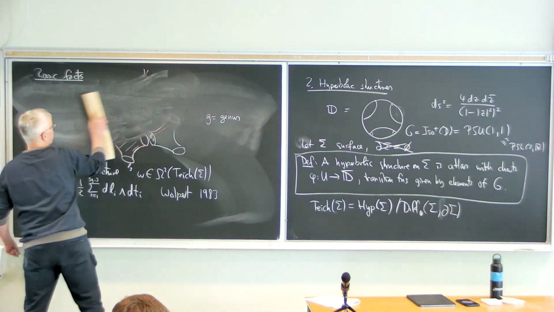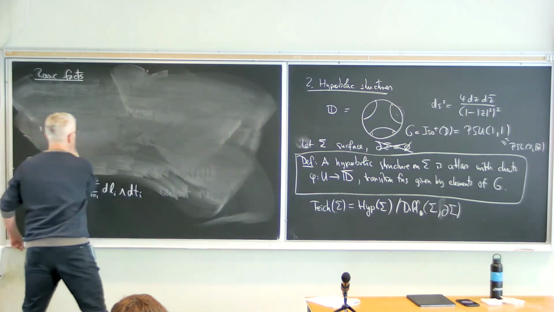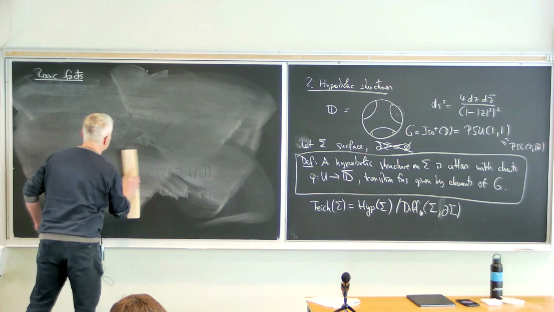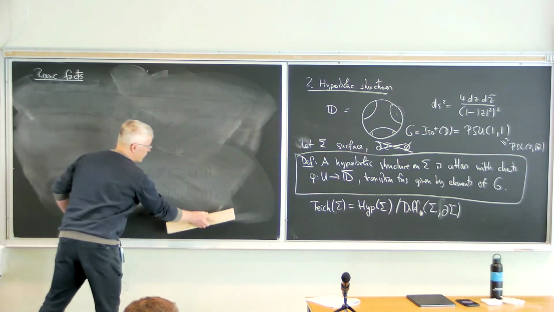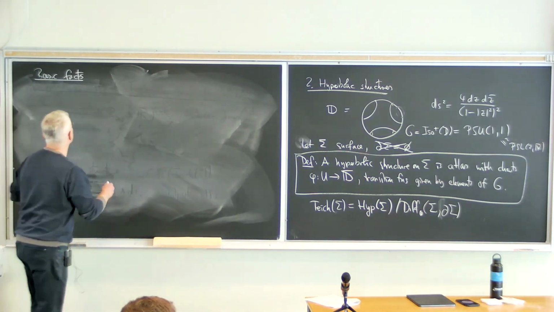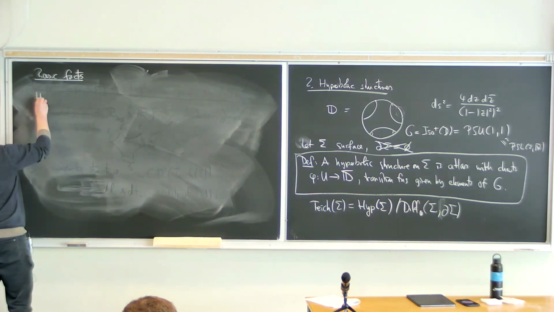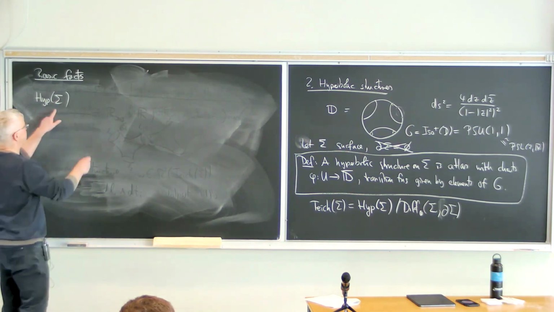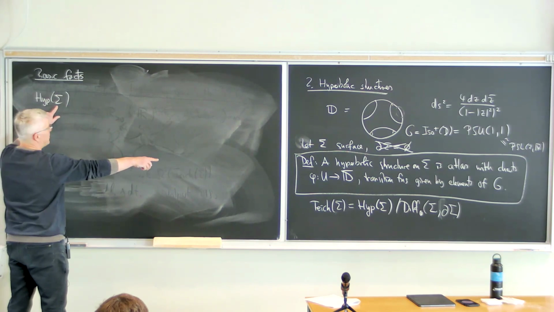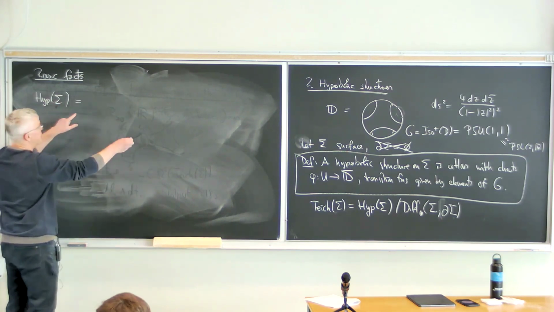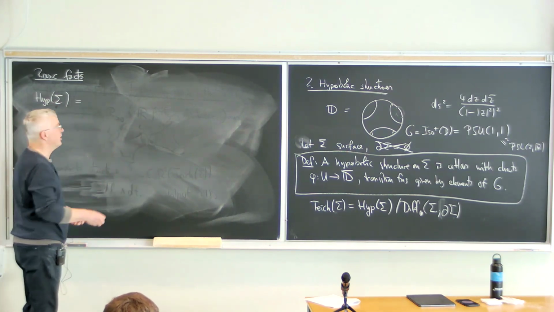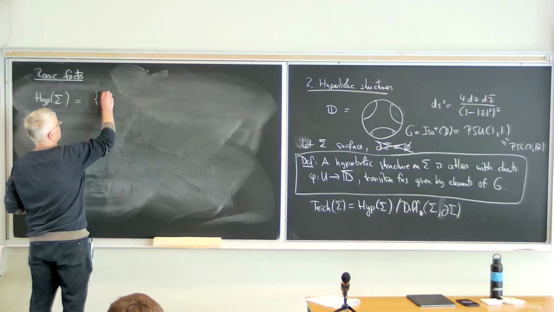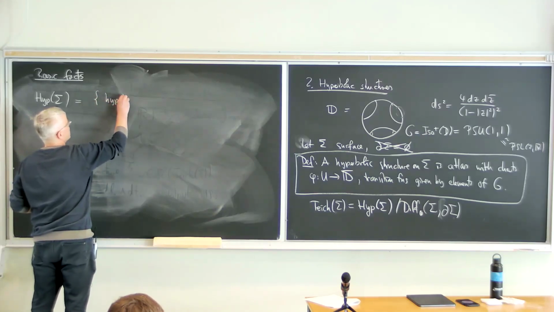I don't want to give such a long list of basic facts now, but a few basic facts. I can again say this in terms of metrics also. So this set of hyperbolic structures in this sense, now for the surface with boundary, is what we call hyperbolic metrics.